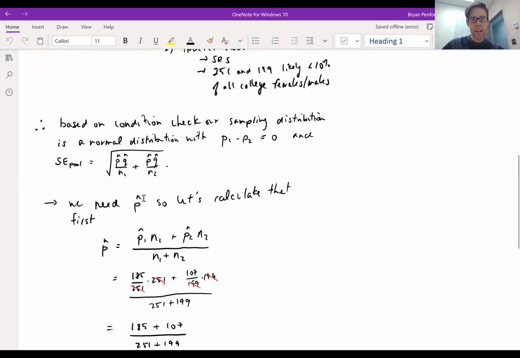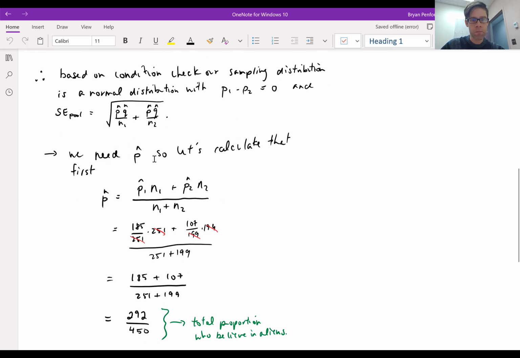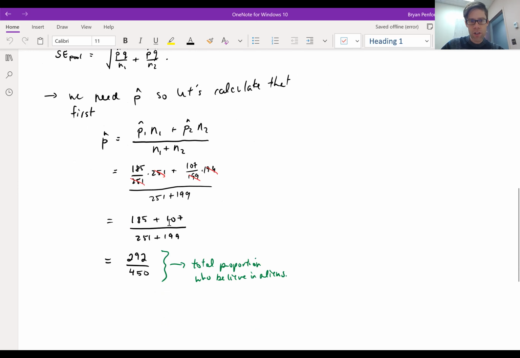And so we basically started looking at what the sampling distribution is going to look like. So our measure of center we're going to take to be 0. And our standard error we're going to take to be that pooled standard error number, whatever this number comes out to be. So we had, I think, just finished up by looking at how to calculate P hat.